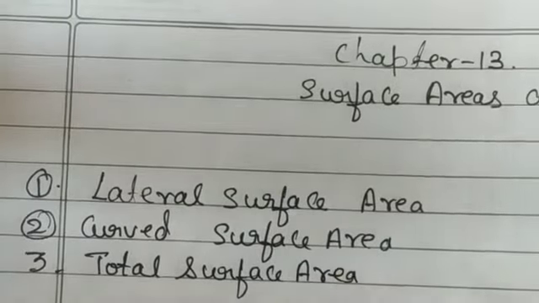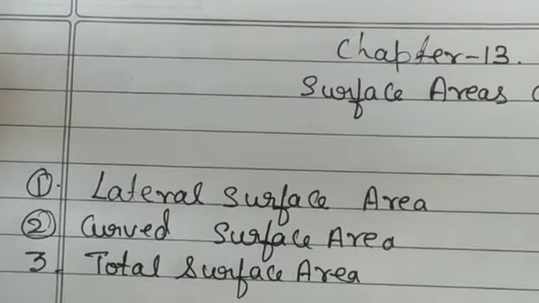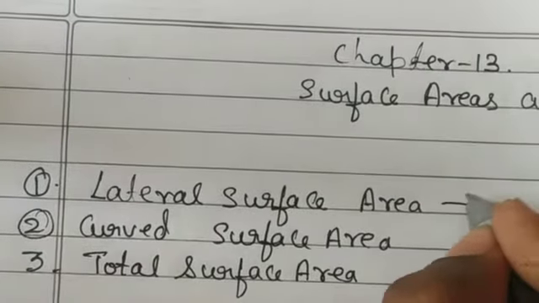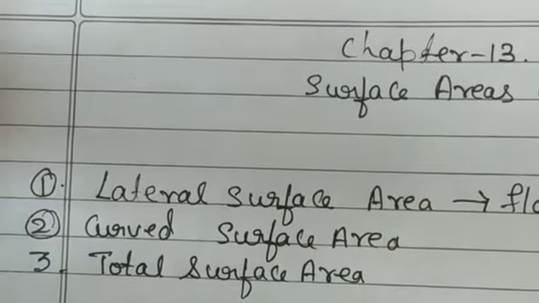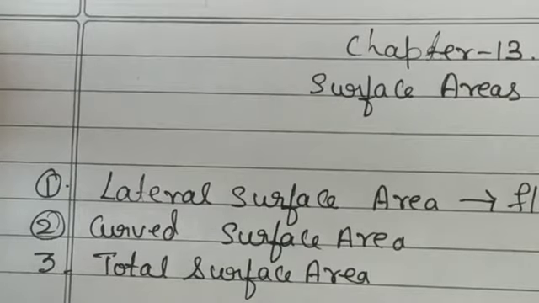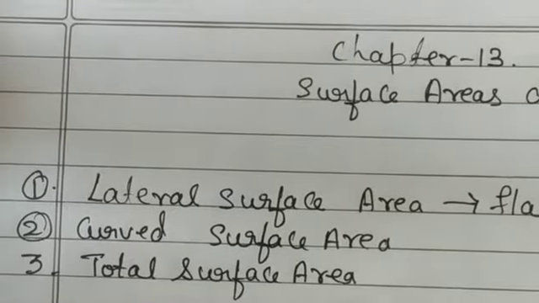So what is the lateral surface area? Lateral surface area means flat, only the sides, in a flat shape. For example, take a matchbox. It has 6 faces, but we take only the flat sides, not the upper and the down.